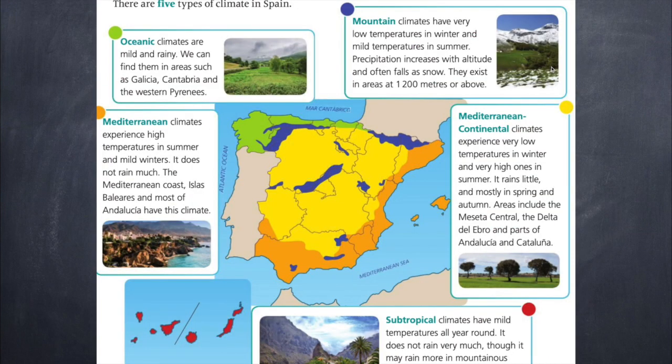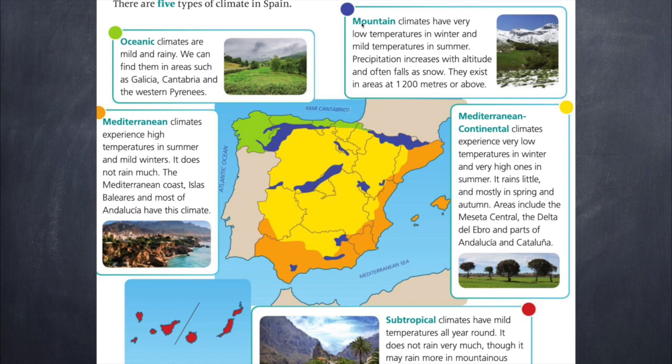Finally, we are going to review the climates in Spain. There are 5 types of climate. First, we have oceanic climates that are mild and rainy. Remember, mild means not very hot and not very cold. We find oceanic climates in Galicia, Cantabria, and the Western Pyrenees, basically in the north.